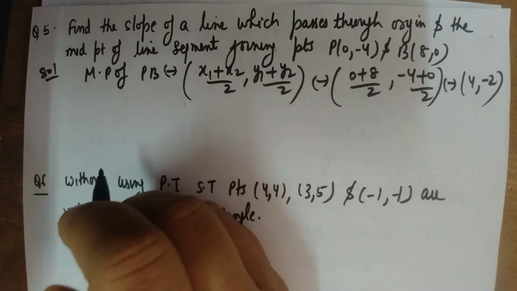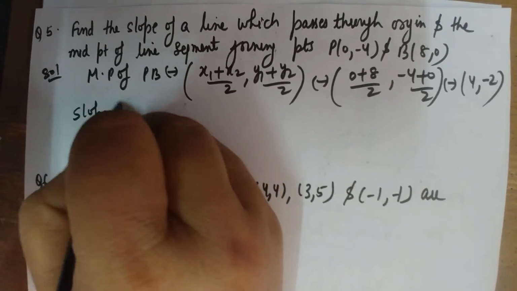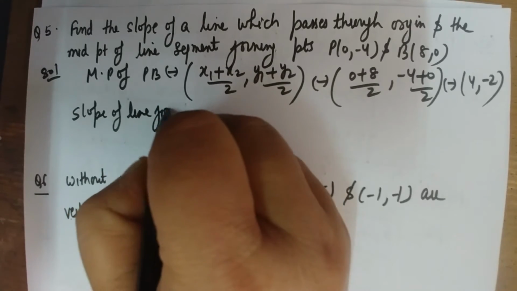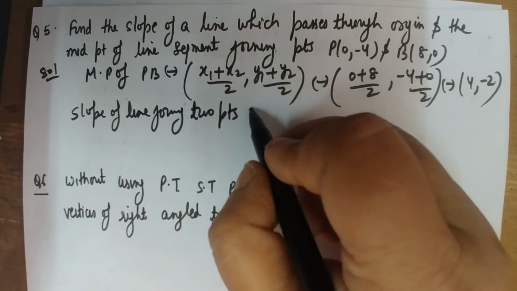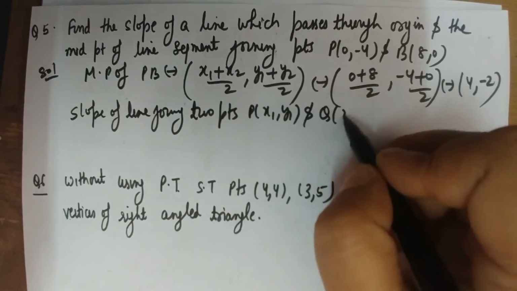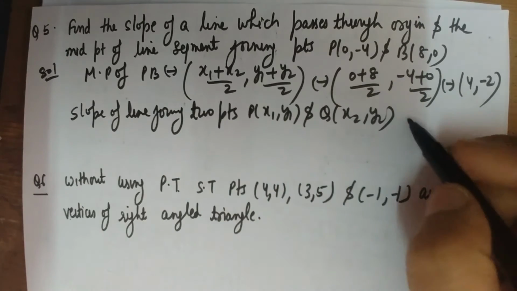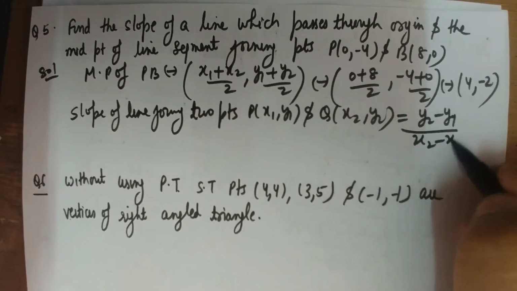And now I need to find the slope. The slope of the line joining two points, if the coordinates are x1, y1 and the other point has coordinates x2, y2, is given as the difference of ordinates divided by the difference of abscissas.